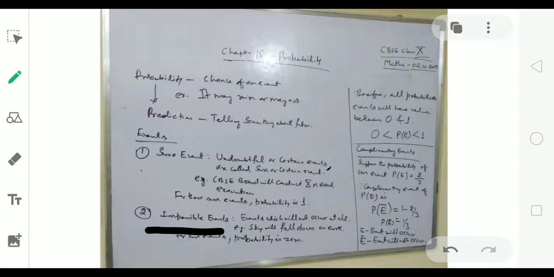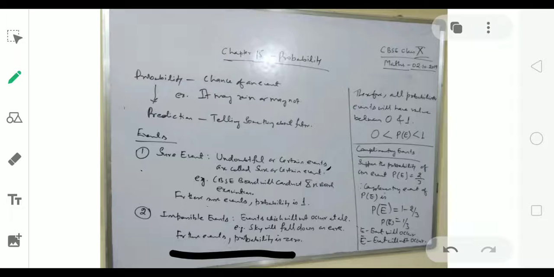Or one day will come when the sun will not be radiating light. So that type of cases, we can say that these are impossible events. So events which will not occur at all. Sky will fall down on earth. So it will never occur. So for these type of events, probability is 0.